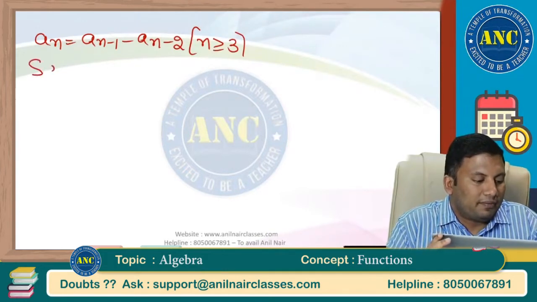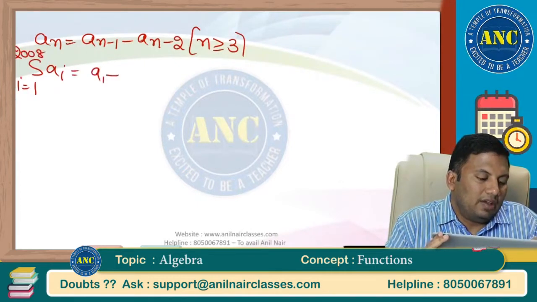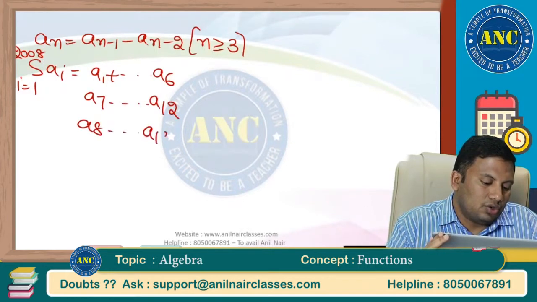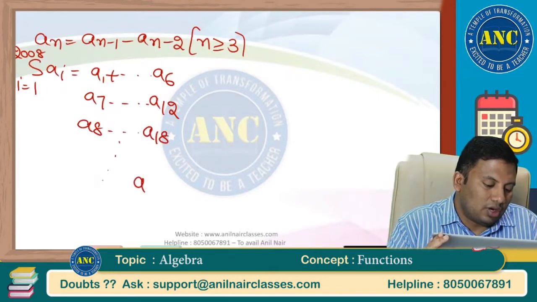The sum of the first 2008 terms: these are a1 to a6, a7 to a12, a13 to a18 and so on up to 2004. I am writing it neatly so that it will not be cluttered.